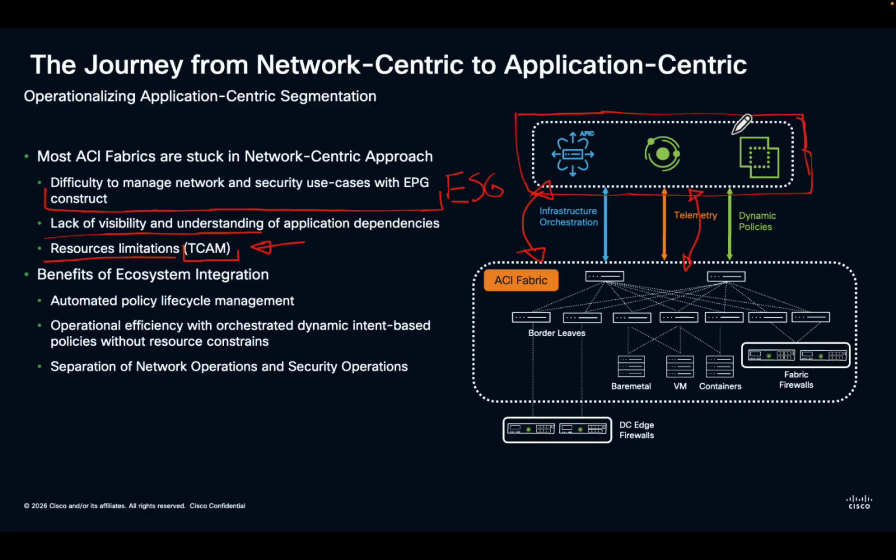And lastly, the Firewall Management Center. Now, why would we have the Firewall Management Center here in the picture? The reason is that, as we understand, there is a resource limitation on the ACI fabric, specifically the TCAM. And even though the newer generation switches have more capability and more resources, they are still not a firewall.